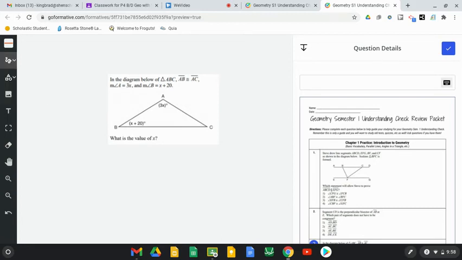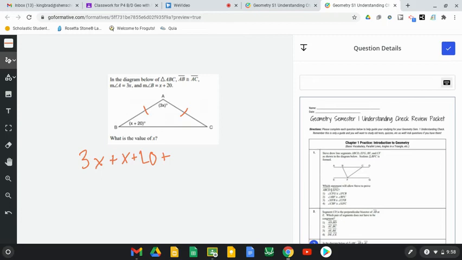So I have in this diagram below triangle ABC, AB and AC is congruent. Those two segments are congruent. Angle A is 3x, B is x plus 20. I have to find x. Well, I know in a triangle that all angles add up to 180. So I could do 3x plus x plus 20 plus, oh, what's my other angle?